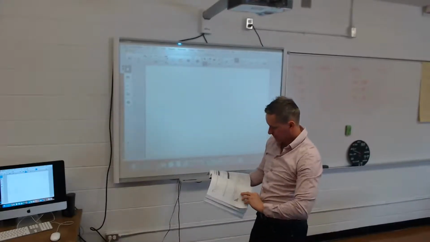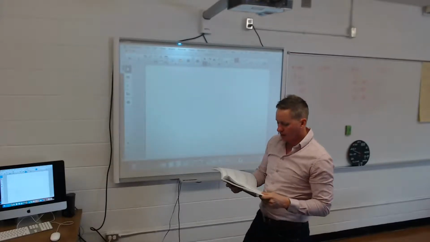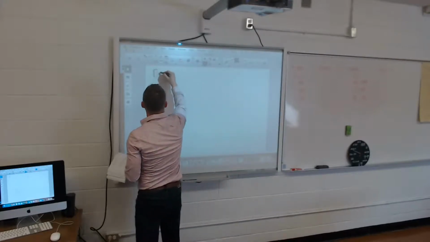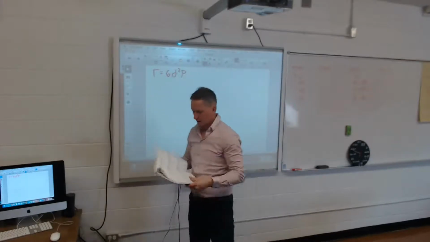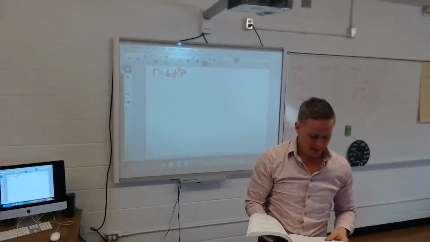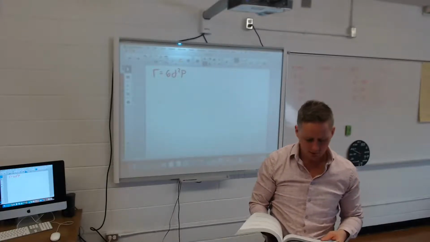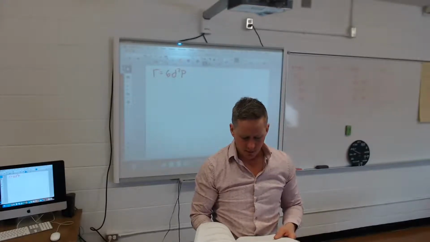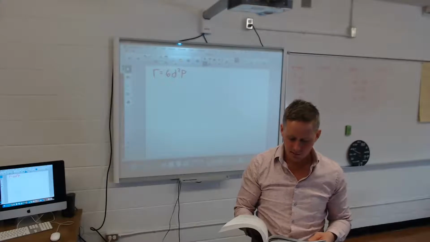Oh no, I lost my page. Okay, the flow rate equation of a nozzle of a hose is R equals 6D squared P, where R is the flow rate in gallons per minute, D is the diameter of the nozzle in inches, and P is the pressure of the nozzle in pounds per square inch. What is the diameter of a hose with a nozzle pressure of 3 pounds per square inch and a flow rate of 162 gallons per minute?